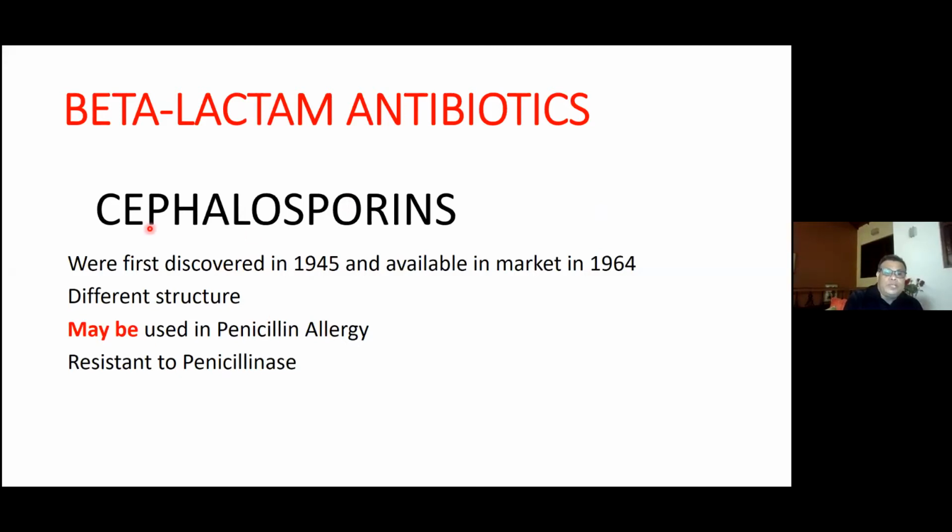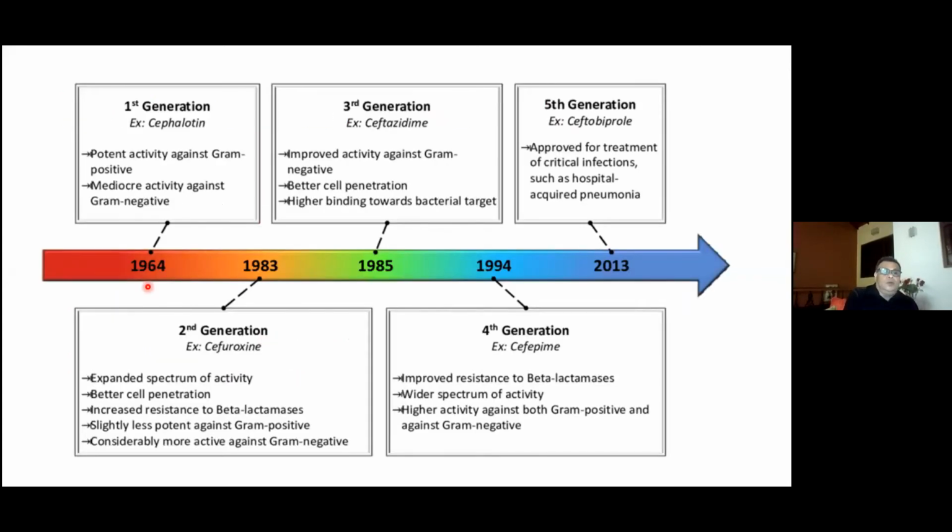Because of the slightly different chemical structure, they are resistant to penicillinase. So the drug was introduced to the market in 1964, and you have got several generations. First generation means 1964, then the second generation. Basically, the first generations are effective against gram-positive organisms.